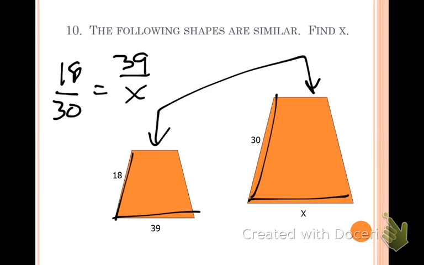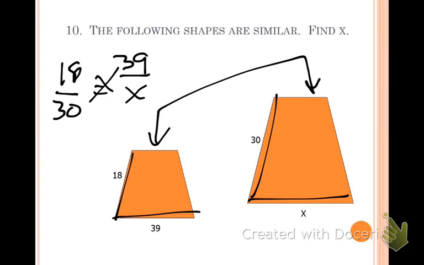Now, a couple of you wanted to do 30 to x equals 18 to 39, and that's fine, as long as your ratios go the same way and follow the same pattern. You went side to base, and then side to base. That works.